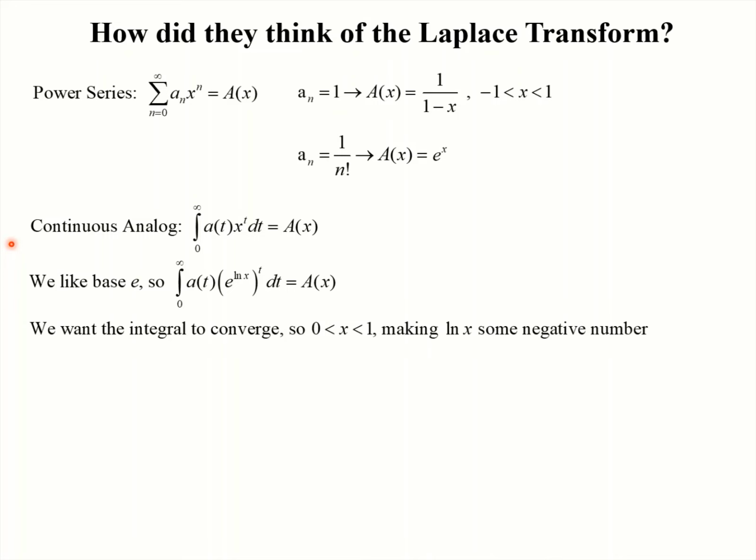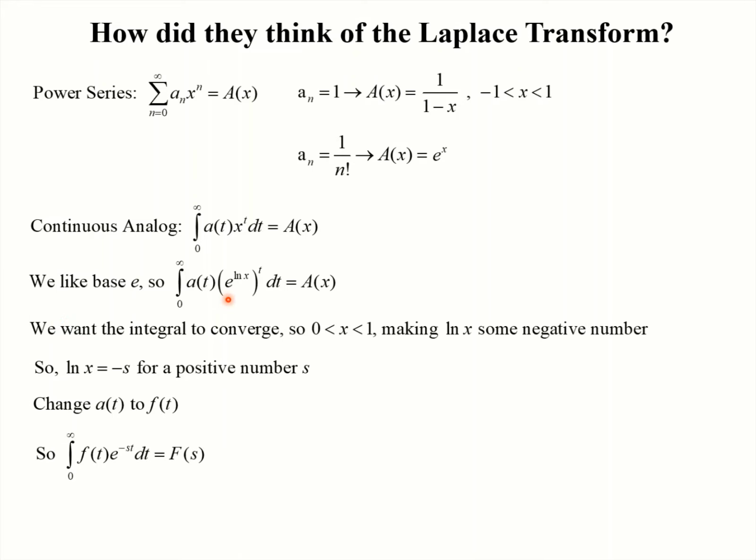And so what we're going to do is replace the ln x with a negative s for some positive number s, because we just said that we want ln x to be negative, and it is. And then we're going to change a of t to f of t. So this integral right here is going to become this: f of t times e to the negative st dt.